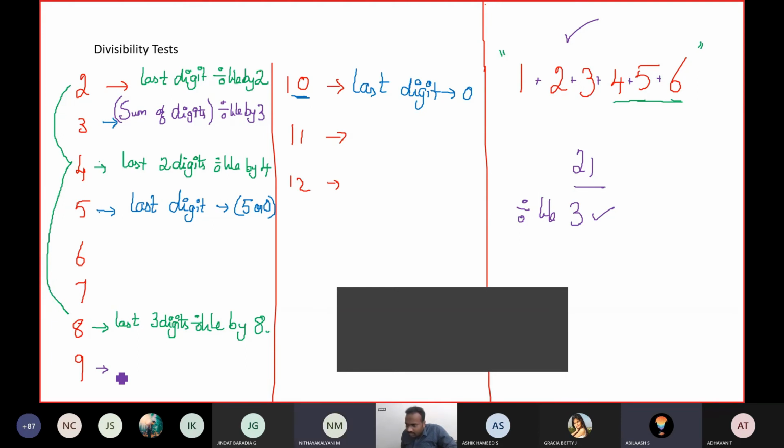Sum of digits divisible by 9. Very good, superb. So sum of the digits should be divisible by 9. That is the divisibility rule of 9. Now tell me if this number is divisible by 9 or not. Is that divisible by 9?